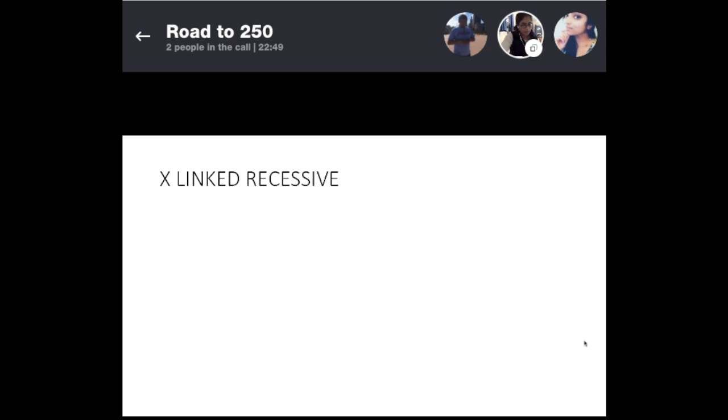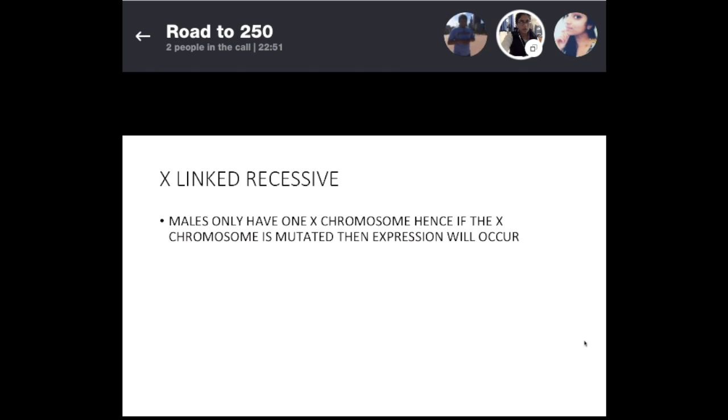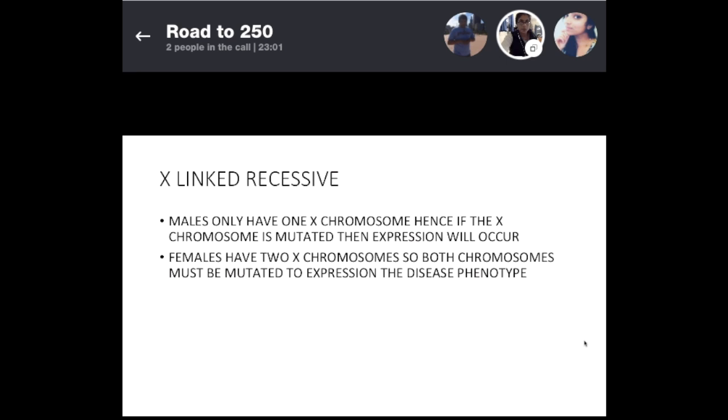Okay, X-linked recessive. So as we know, males only have one X chromosome. Hence, if the X chromosome is mutated, then most likely expression is going to occur. On the other hand, females have two X chromosomes. So both chromosomes must be mutated in order for them to express the disease phenotype.